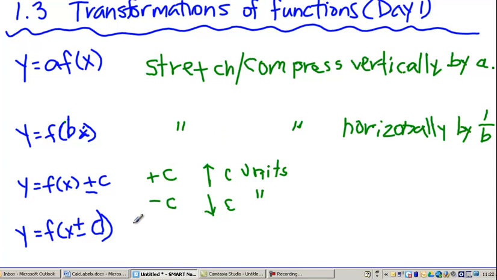All right, the bottom equation. You've got y equals f of x plus or minus d. So this shifts your graph horizontally. Just like the second equation, where it's opposite of what you expect, if it's plus d on the inside of the argument, you go to the left, d units.